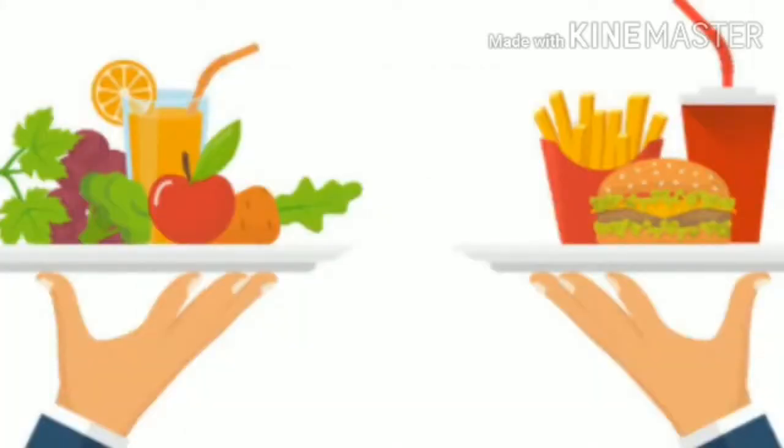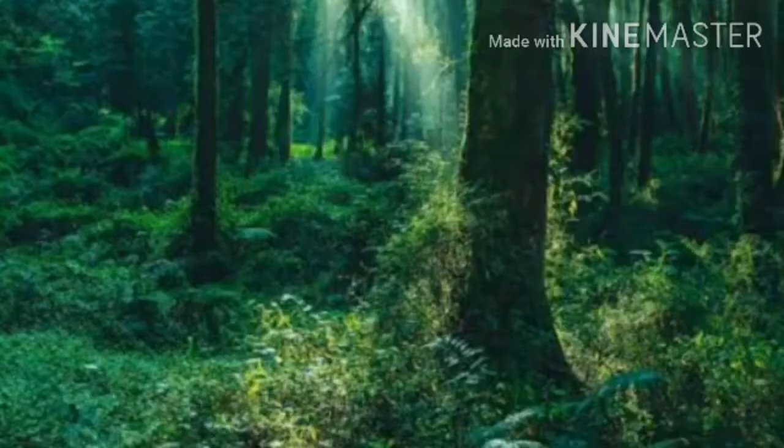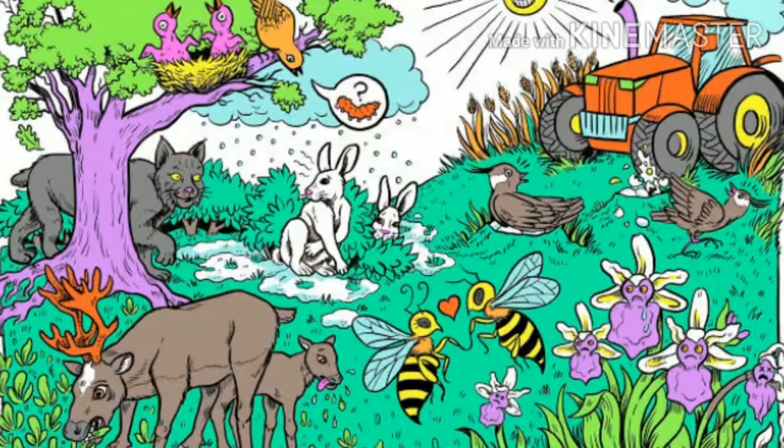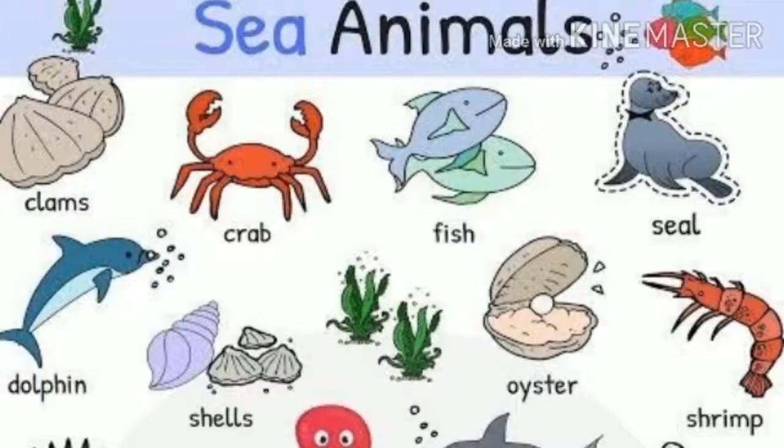All living things need food to live. Plants make their food in their leaves by the process of photosynthesis. But animals cannot make their own food. They depend on either plants or other animals.